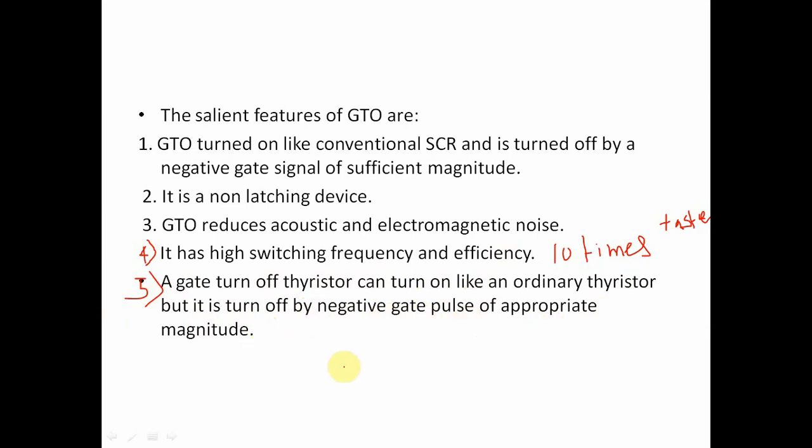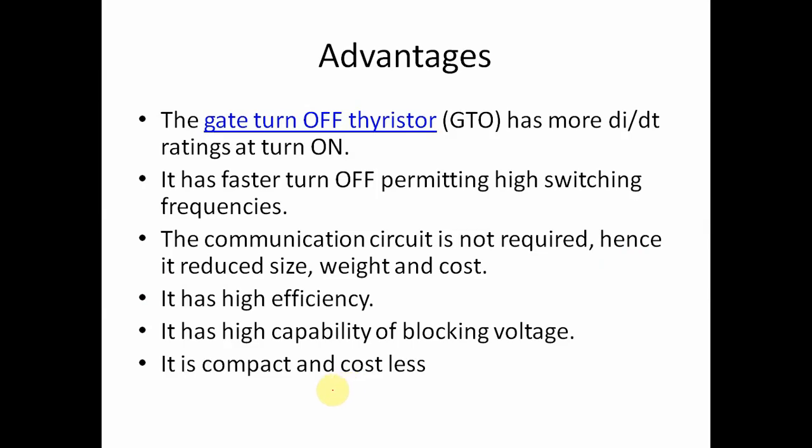So our conclusion is that by applying positive gate pulses, GTO will be turned on, and by applying negative gate pulses, GTO will be turned off, and GTO has a switching frequency 10 times faster than SCR.